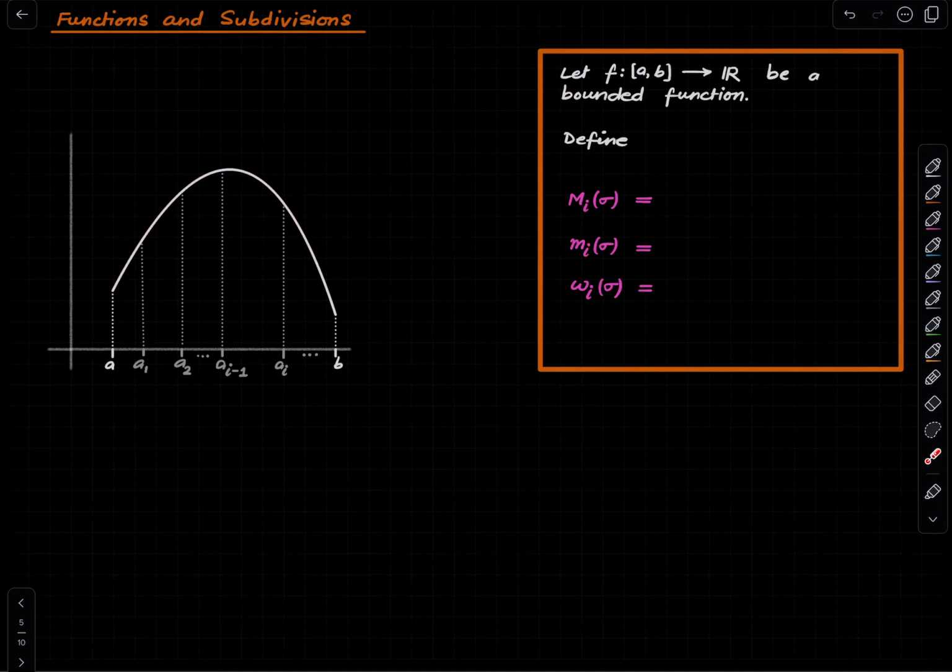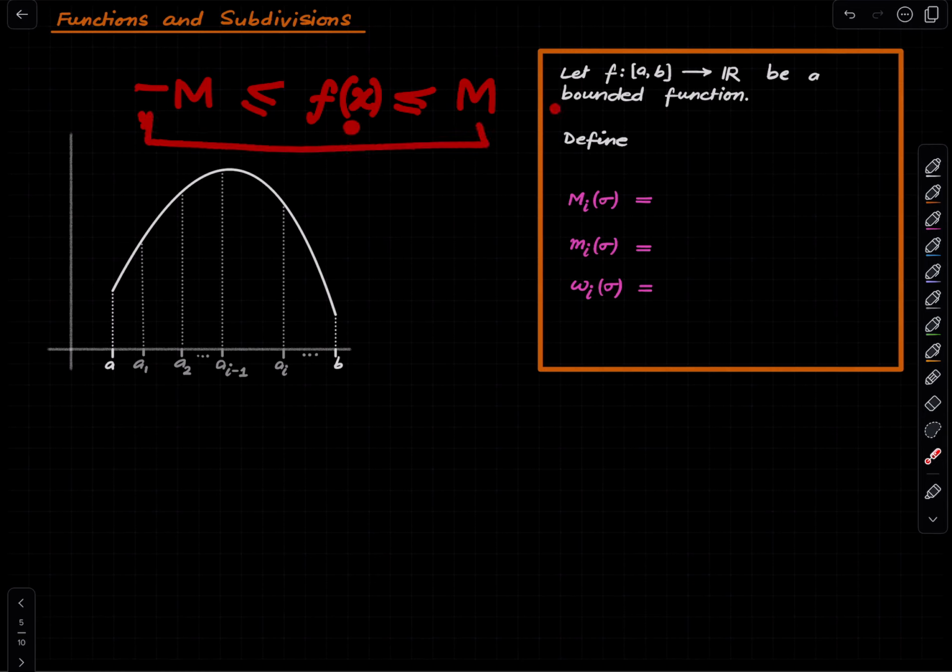Right now it is just any bounded function. Recall, bounded function means that the value of this function is trapped between this region. So there is some positive real m such that for all x in the domain of f, this inequality is satisfied. That is what bounded function means.